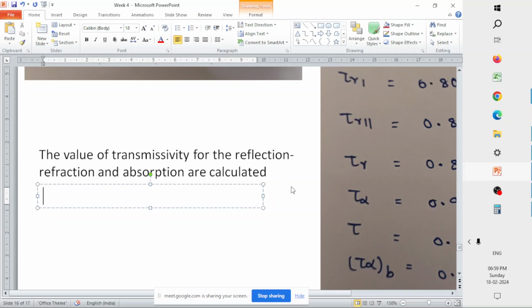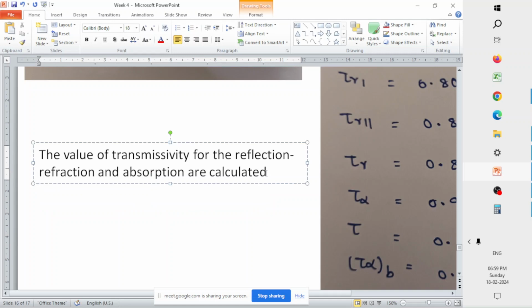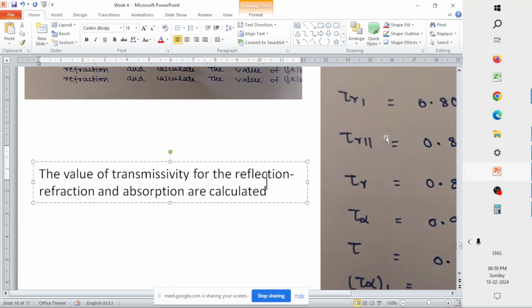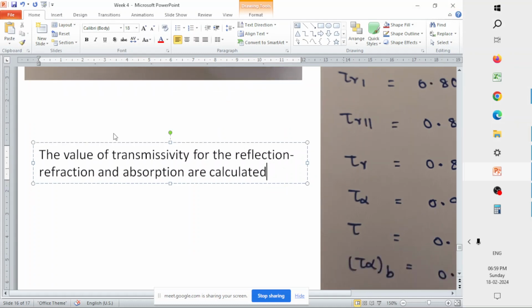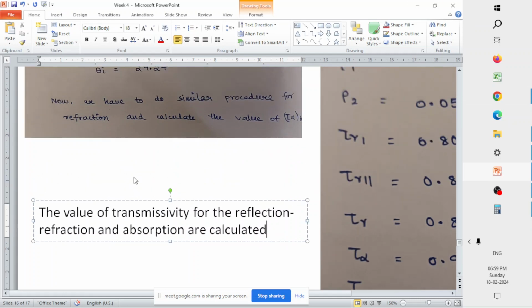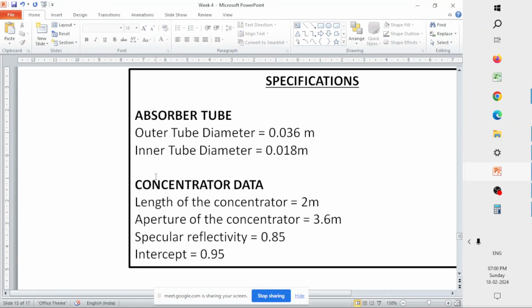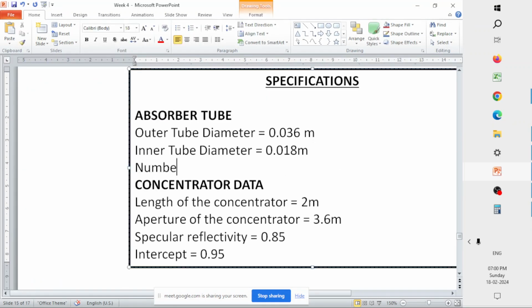While calculating our tau r and tau alpha, our rho 1 and rho 2, that is the polarization components due to reflection and refraction, here we have assumed the number of glass covers is 1. Let me write it. Number of glass covers, that is your transparent glass cover, is equal to 1.